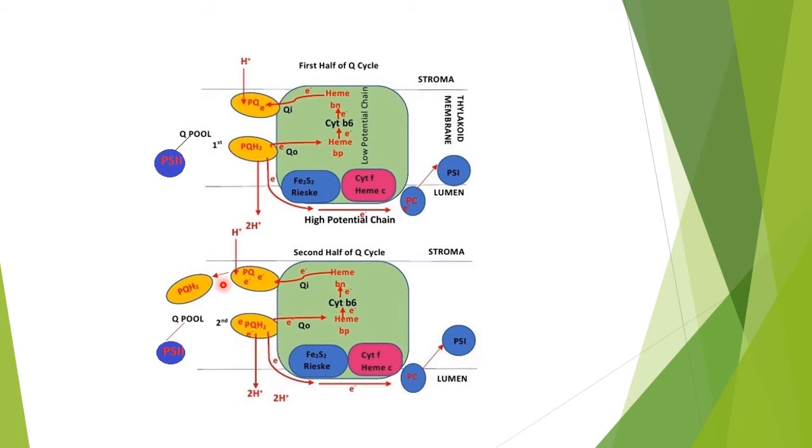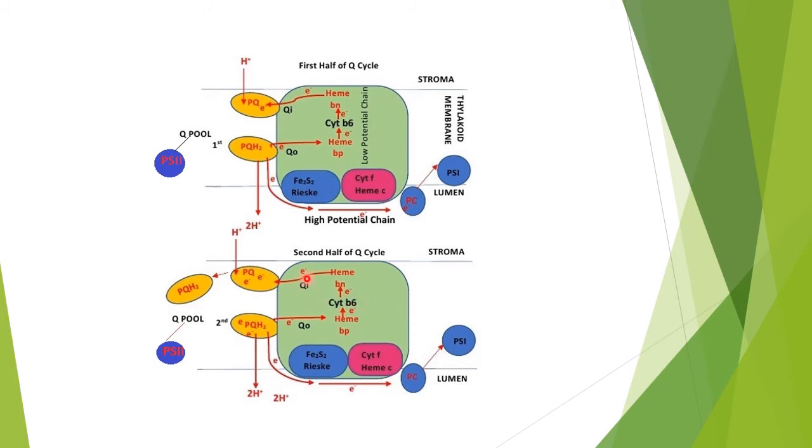So if there is a utilization of 2 plastohydroquinone, there is a regeneration of 1 plastohydroquinone which goes to the Q pool. I hope you have understood how a Q cycle works. That's why, in the Z scheme, the coupling of ADP with inorganic phosphate to form ATP has been shown there.